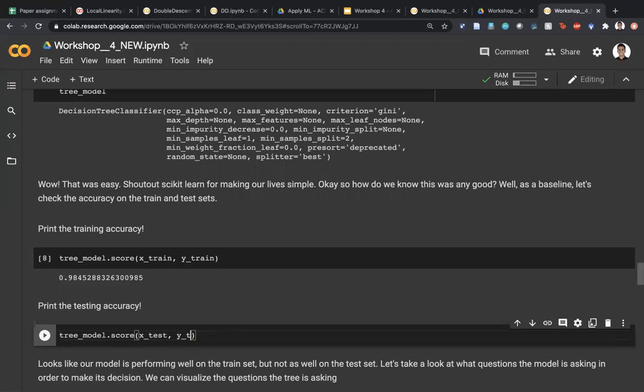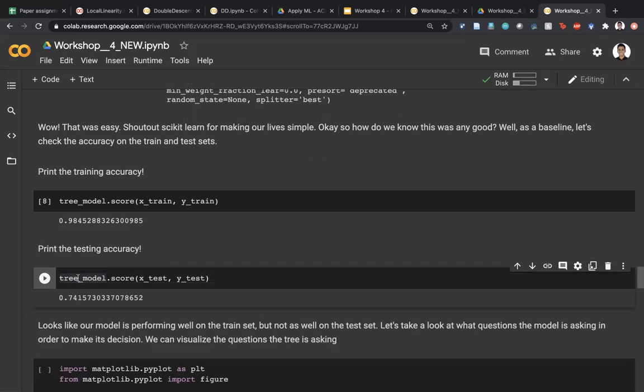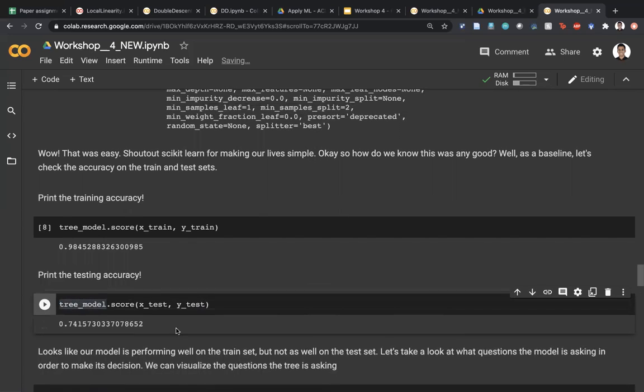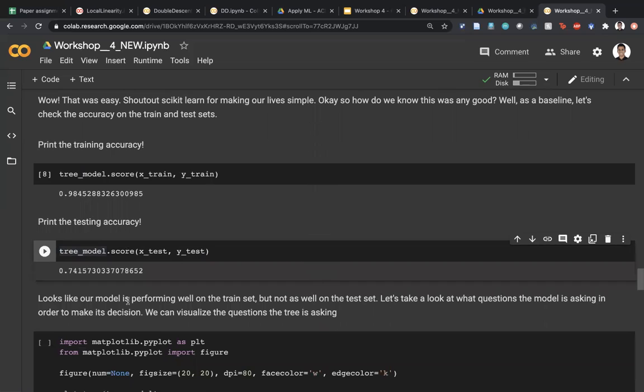So initially, before we run the testing accuracy block of code, we see that our training accuracy is really, really high, right? 98.4%. That is awesome. If we could always have a model that runs at 98.4%, that's pretty much exactly what we need. But if we print the testing accuracy, Varun, if you could do that for me real quick, we see that it drops all the way to 74%.